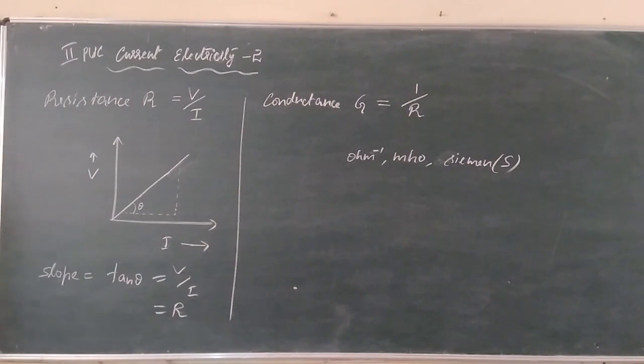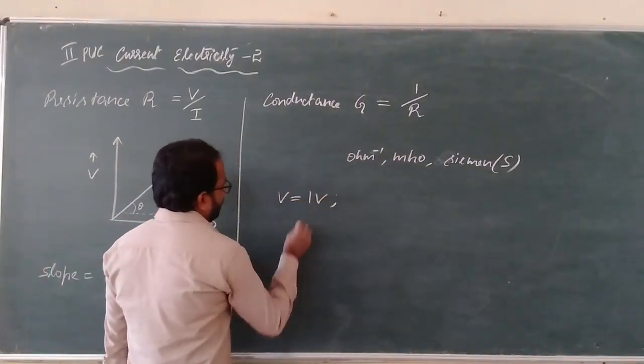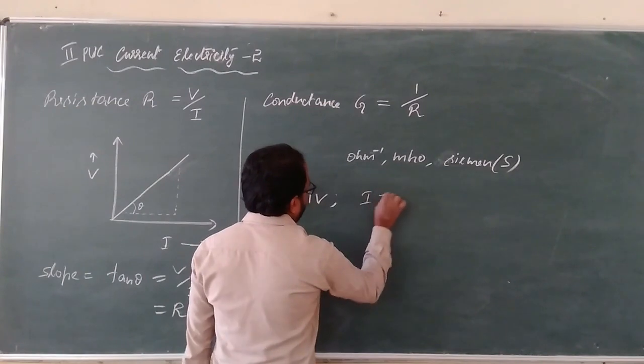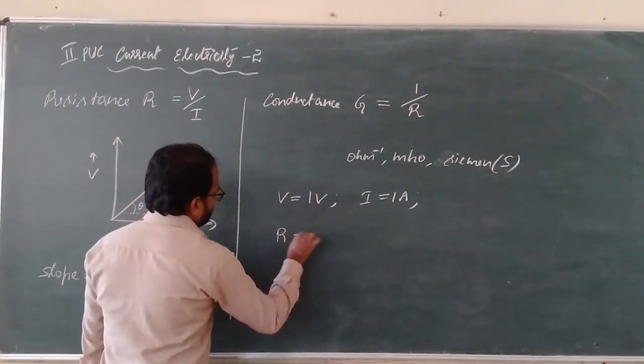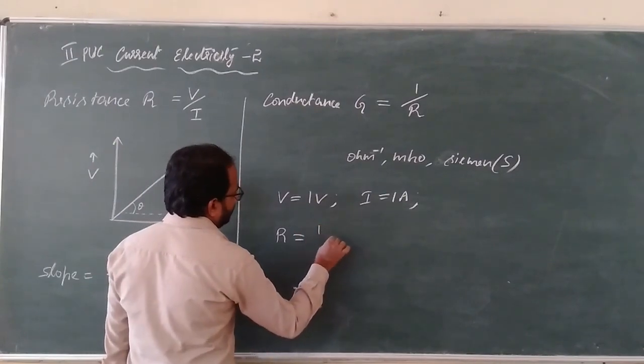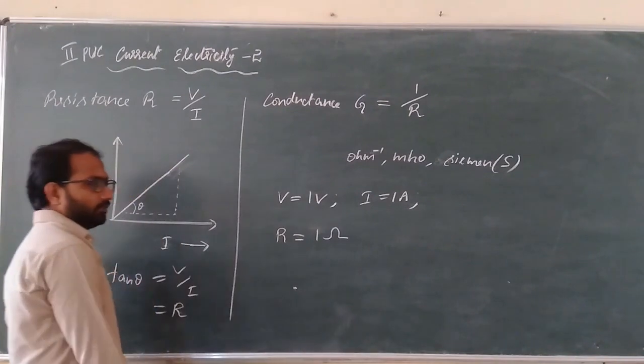So if now V is equal to 1 volt and I is equal to 1 ampere, then R becomes the resistance of the conductor. So 1 volt by 1 ampere is equal to 1 volt per ampere or 1 ohm.